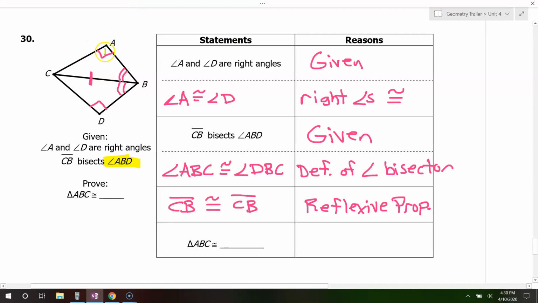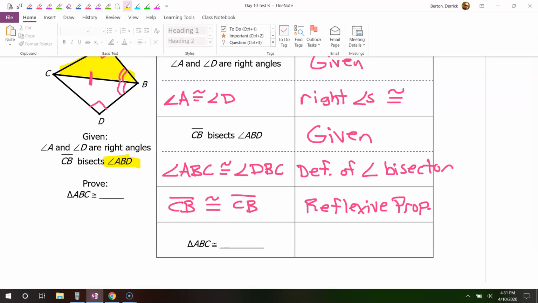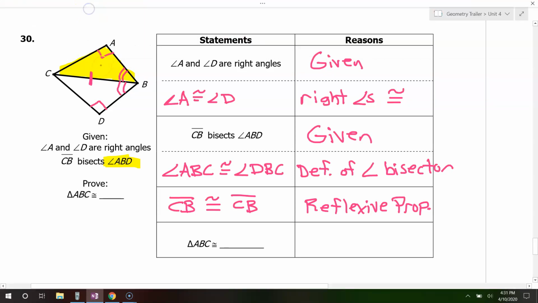Let's go ahead and focus on one triangle at a time. So we have a yellow triangle and a white triangle. Okay, so triangle ABC is the yellow triangle. What do we have marked? I see that we have two angles and a side. That means this will either be angle, angle, side, or angle, side, angle.